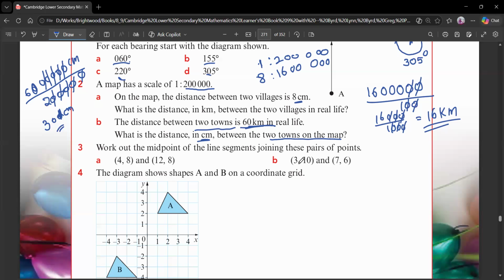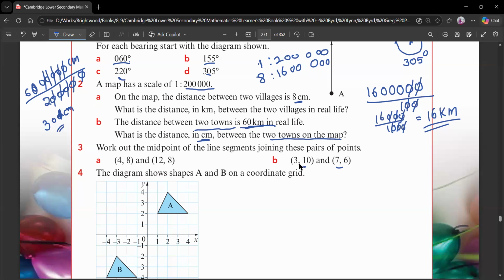Think with the coordinates. One is 3, 10, and 7, 6 is the other one.